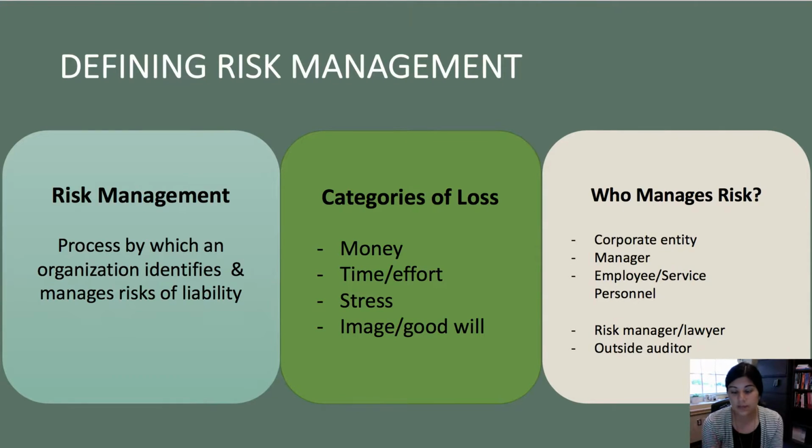But the loss goes well beyond monetary, right? We know that in any lawsuit, there's going to be a ton of time and effort spent toward fighting that lawsuit, right? We also know it could cause stress on our organization and the people that we work with. Never good. And we know that having a lawsuit against us can really tarnish or harm our public image, so our goodwill with customers and our members.